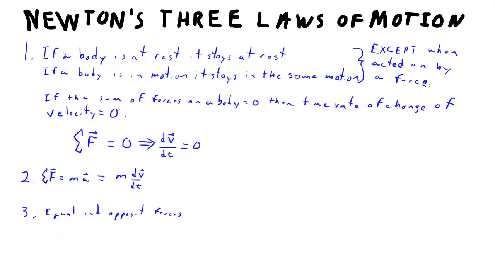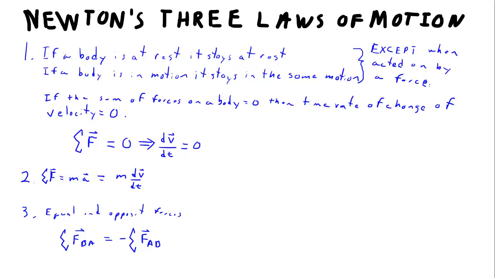What we're saying is that all the forces that body A is applying to body B are equal to all the forces that body B is applying to body A, but opposite in direction. So there are the three laws. This is all for linear motion.